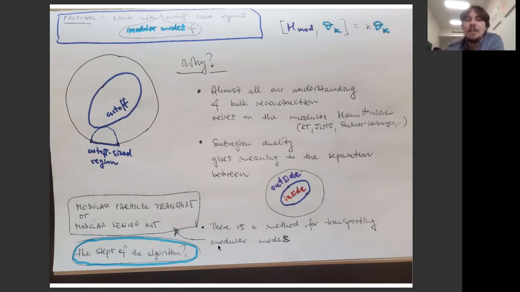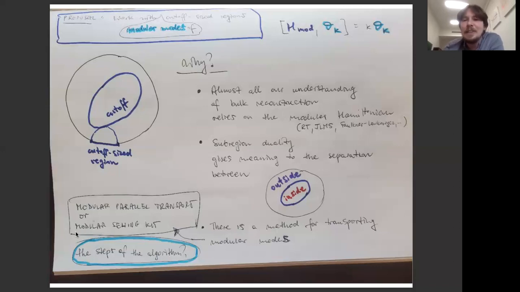And then there's a third reason for thinking about modular modes, which is that we have a method for transporting modular modes. This is called modular parallel transport. It was described in a paper that I co-authored with Jan de Boer, Lamprou and Dongsheng Ge, titled Modular Sewing Kit.